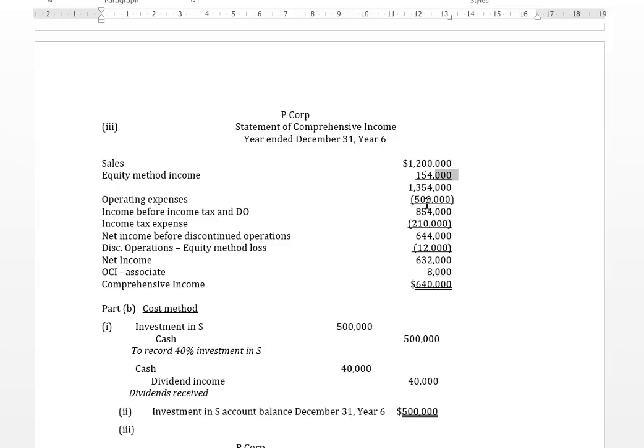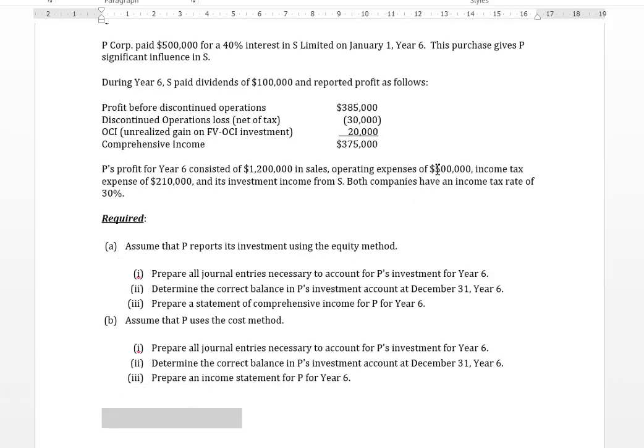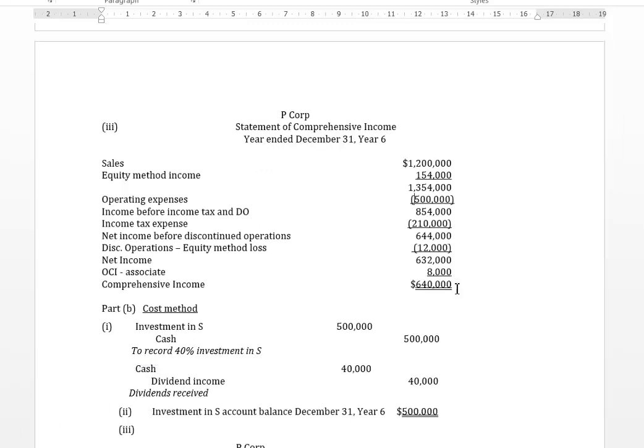Now don't forget here you had operating expenses. They were given to you in the question. We told you that P had operating expenses of $500,000. And you'll also see here that we've got the income taxes after we calculate our income before tax and before the discontinued operation of 210. So now we have net income before discontinued operations of $644,000, and then we took our share.